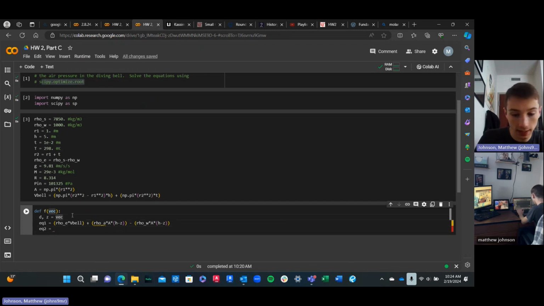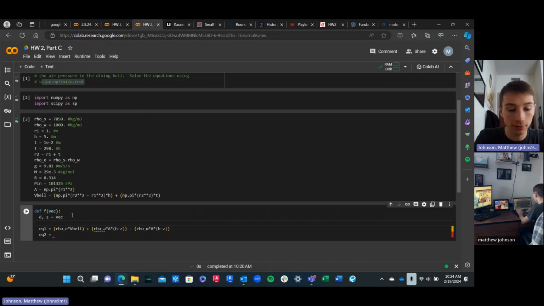Okay, and then let's go ahead and define that density of air at a given depth before I forget that. So rho underscore A, density of air at a given depth, is equal to that whole middle term.